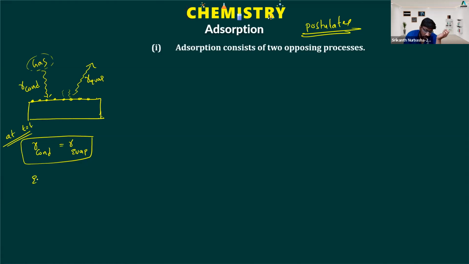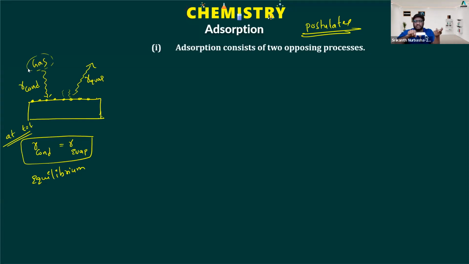So there was an establishment of equilibrium in the process of adsorption. Now understand this point. Rate of condensation depends upon what? Condensation means getting adsorbed. I have a particular surface. Like let us say this much is the total surface area, and I have this much already adsorbed, only this part.